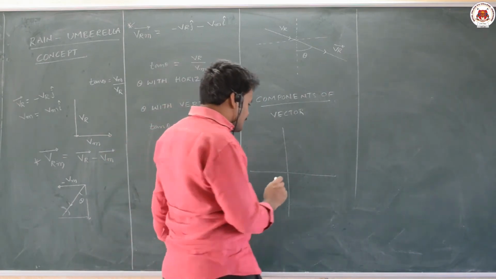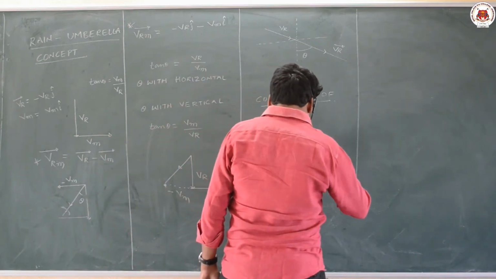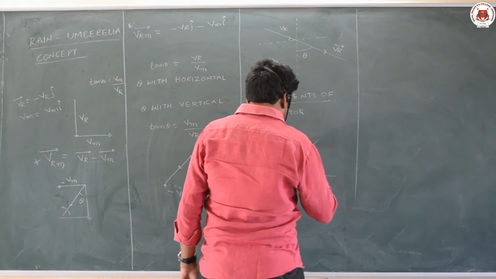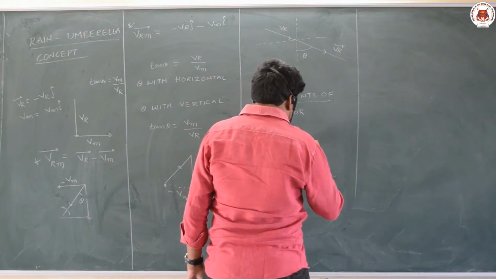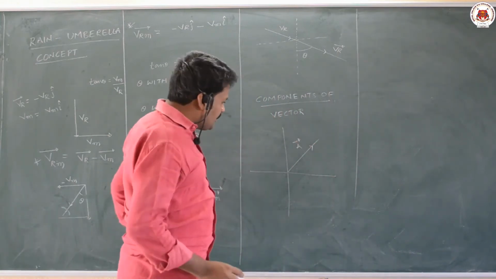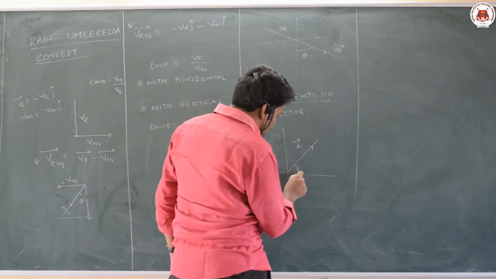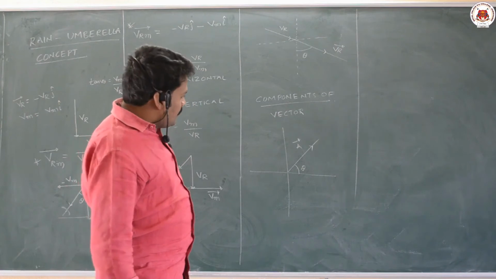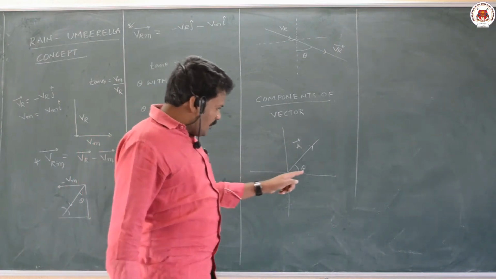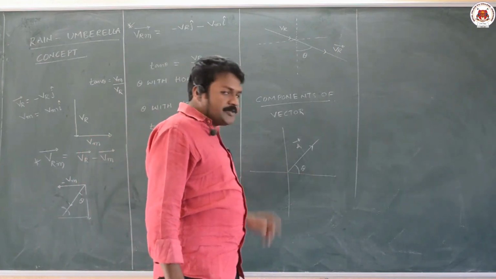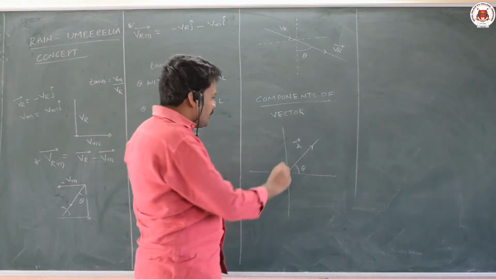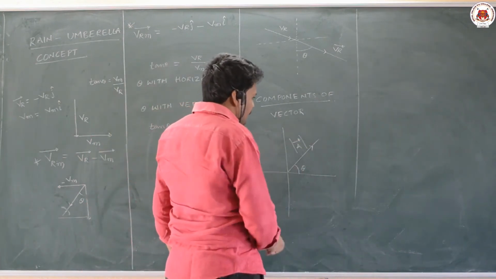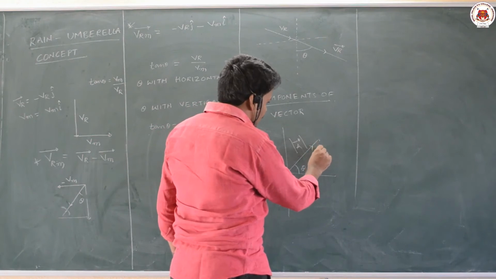But if the vector is present in between like this, if there is a vector a bar present at an angle theta with the horizontal, I have to represent it along x and y. The magnitude of this vector is a along this direction. I will draw one more line here.